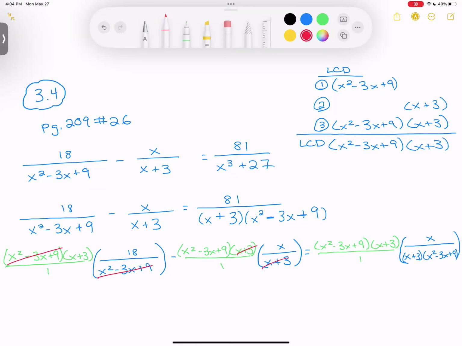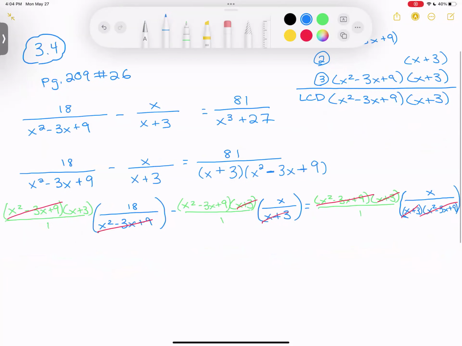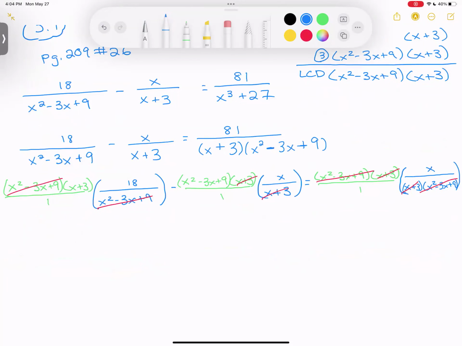And in my last one, I can cancel out my x plus 3's. I can also cancel out my quadratic there. So now I'm left with something a lot simpler. So I've got x plus 3 times 18, minus x squared minus 3x plus 9 times x.